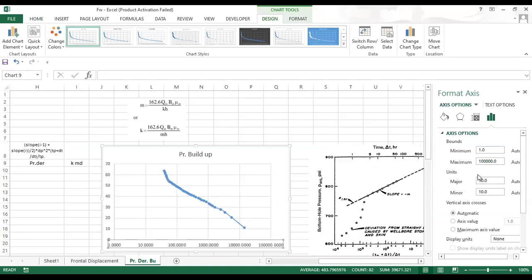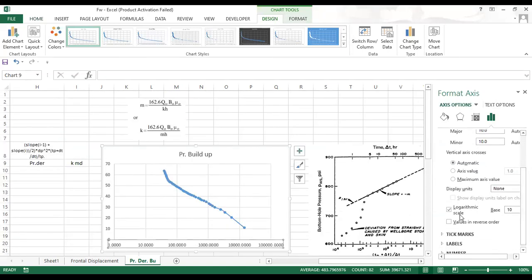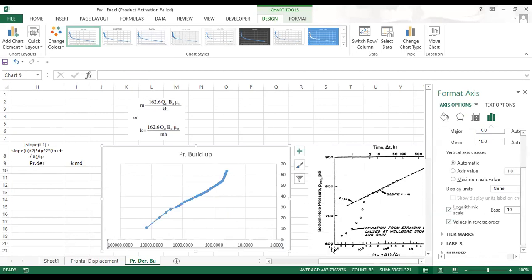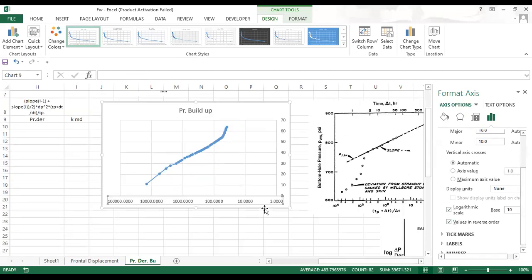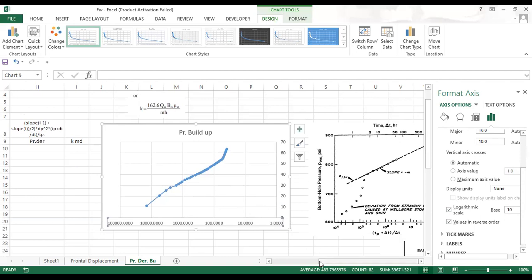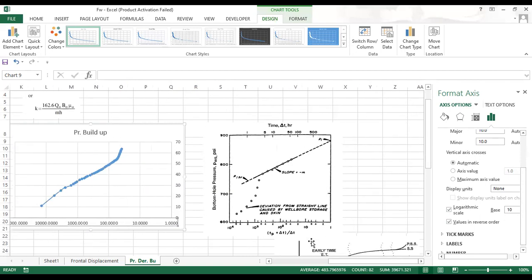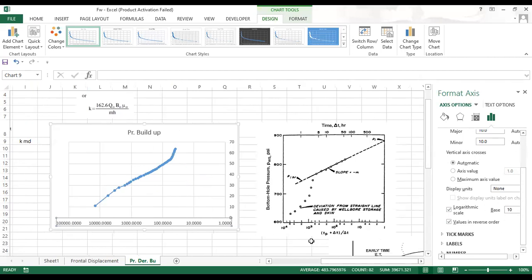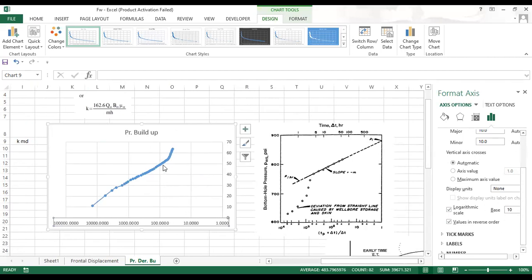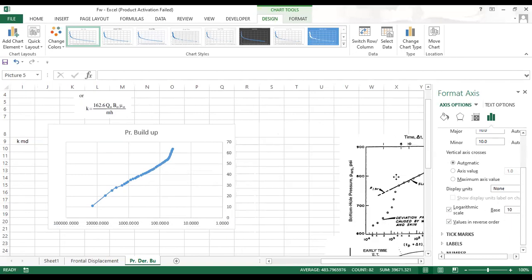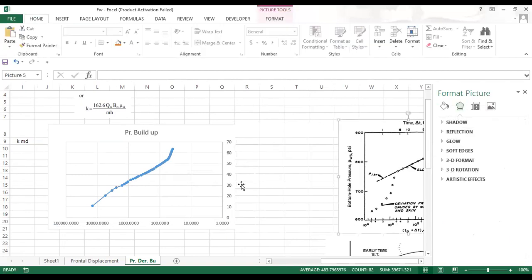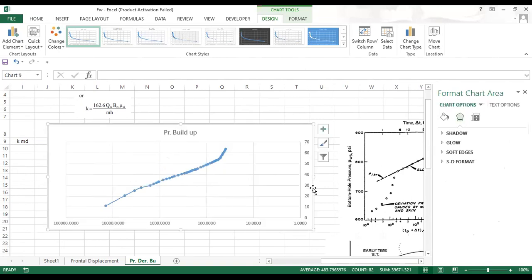I will go to axis tools and adjust the values in reverse. So you can see that it has a similar slope to the one we are observing here. Okay, so this is about reversing that one. After this, we need to adjust even more. Let me expand. So I'm adjusting the values. There is this much gap, and I want to reduce that gap.